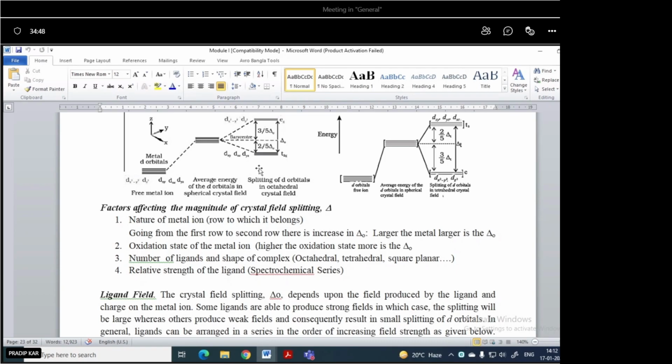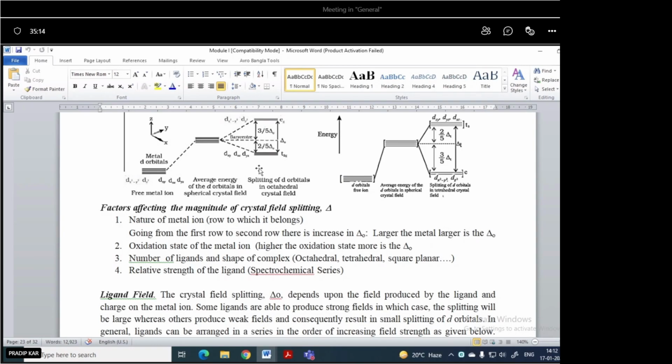The oxidation state of the metal is also important. The higher the oxidation state, the more is the octahedral delta. Say Fe3+ and Fe2+ are both possible. When it is Fe3+, the octahedral delta, or energy, is more than when it is Fe2+.